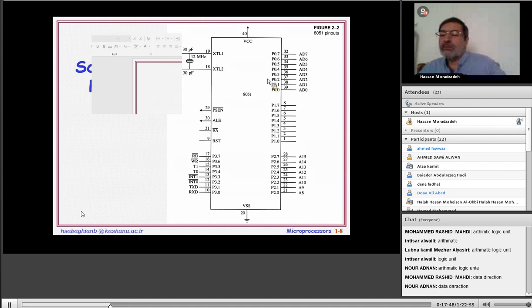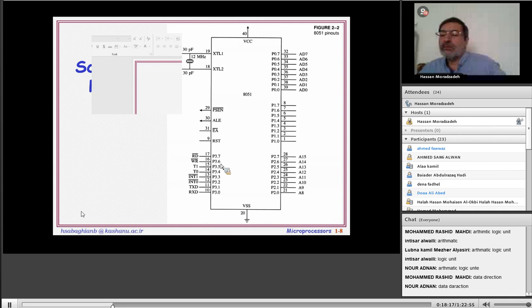Port 2 is shared with the address bus, the higher byte, A8 to A15. Here A0 to A7 or D0 to D7, or port 0. These are 3 tasks: port 0, address bus, data bus.